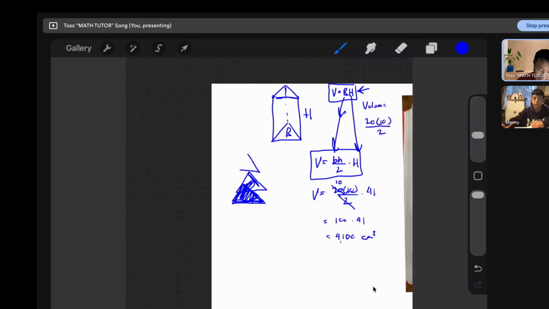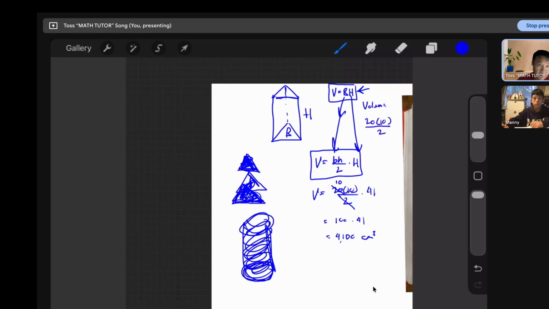Can you imagine that? But no gaps in between, okay? Like a cylinder. So what you do is you find one slice and then times by the depth or the height. Get it? I think you'll be doing cylinders pretty soon, a shape that looks like a rod. You can think of a bunch of CDs stacked on top of each other.